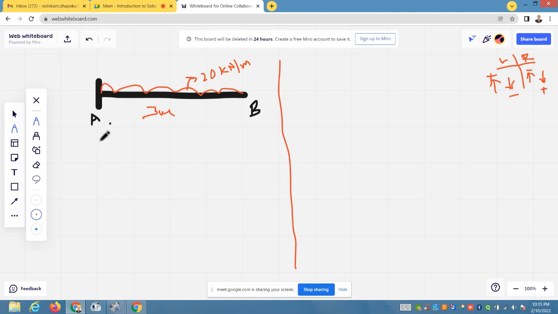Now if you wish to plot the shear force diagram for this cantilever beam, then first of all we have to see the reactive forces acting over this cantilever beam. This is AB.